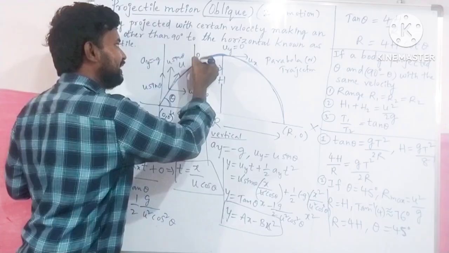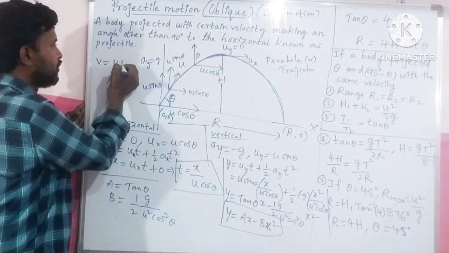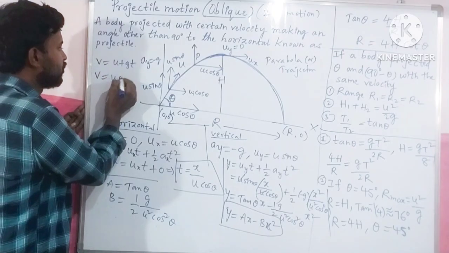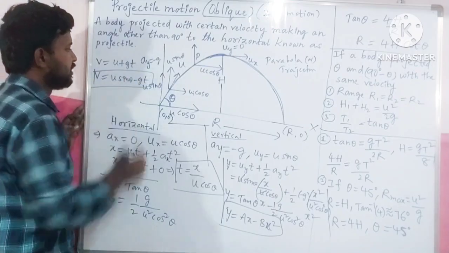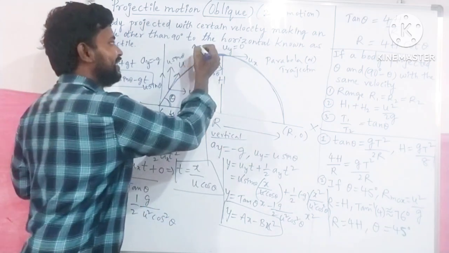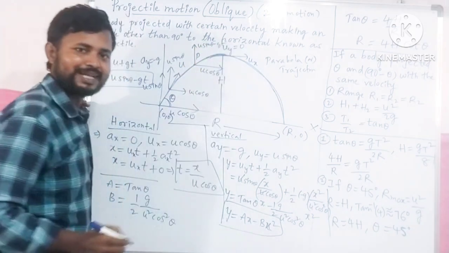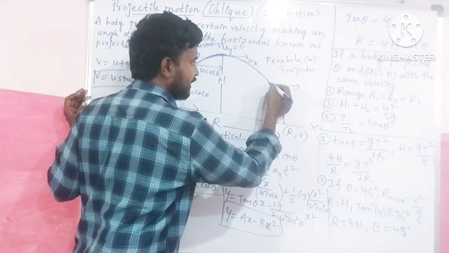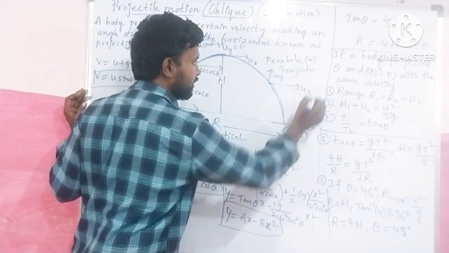For the vertical direction, according to the formula v equals u plus at, the final velocity v equals u sin theta minus gt. So at this point the vertical velocity is u sin theta minus gt, and the horizontal velocity is u cos theta.